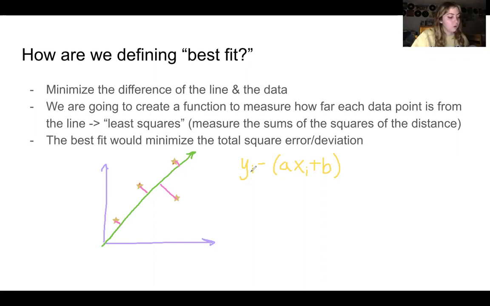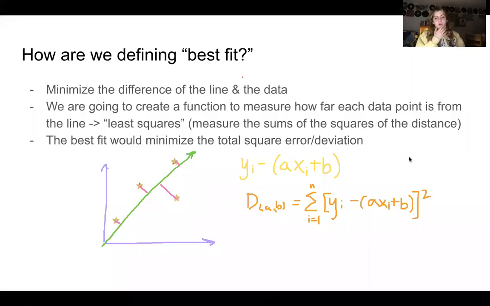What I wrote here, this d function, is the function we're going to use to calculate the least squares, because d is the sum over all the data points of the squares of the deviations.